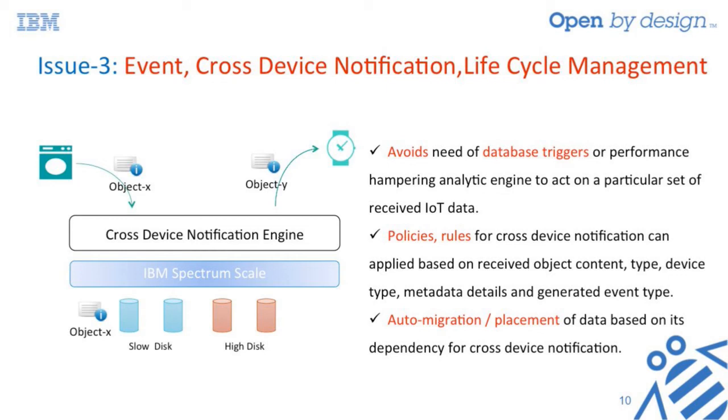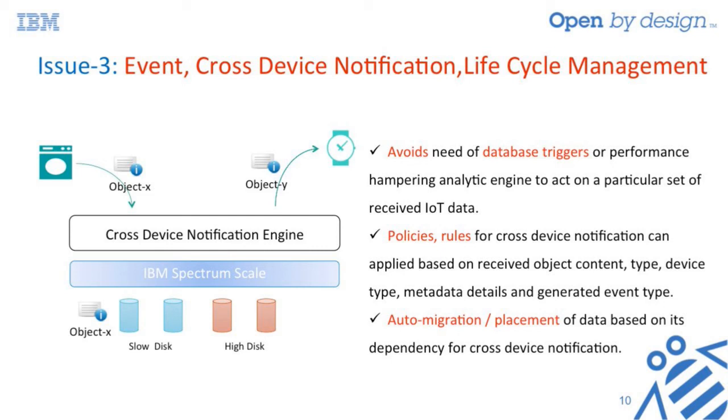It will also know to which device it needs to send an additional or newly created object, which is shown here as object Y, which could be sent, for example, to your watch.